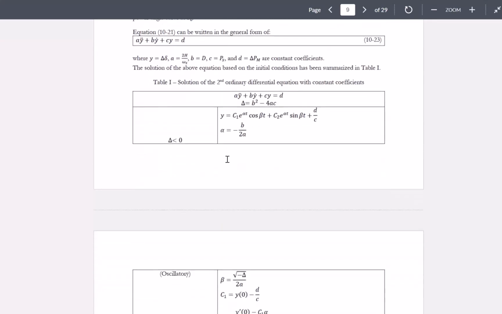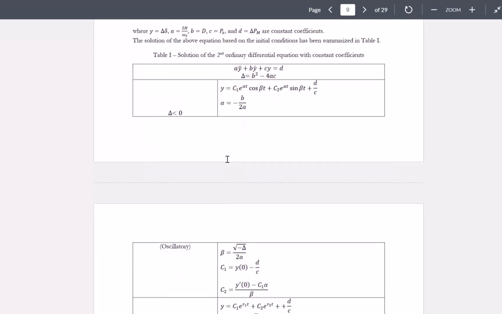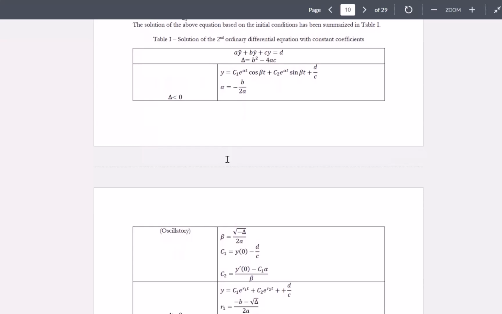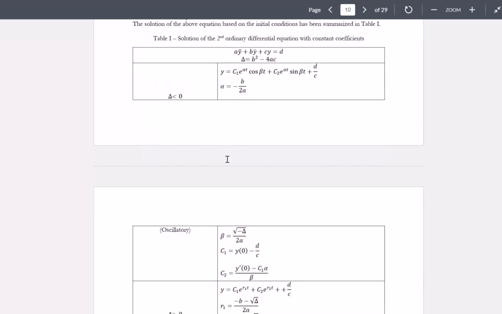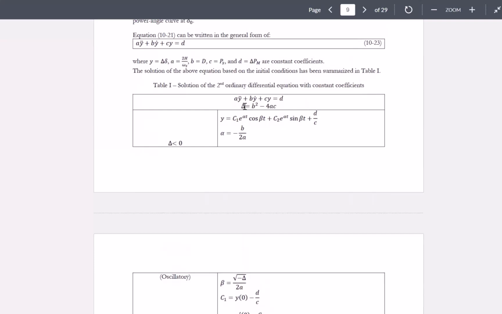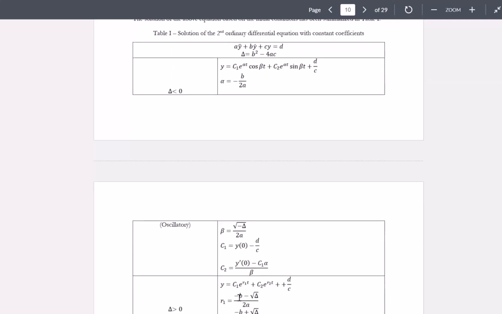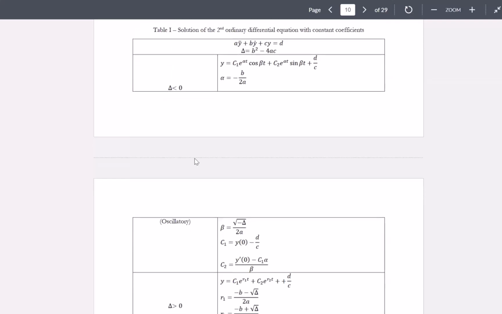Now, in order to solve this equation, we need to come up with a characteristic equation, and then based on that characteristic equation, we could have different conditions. When the discriminant delta, which is b squared minus 4ac, is smaller than 0, we would have an oscillatory behavior, which is the case for most power systems.